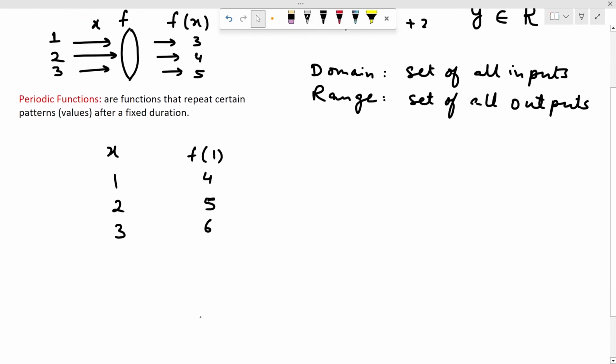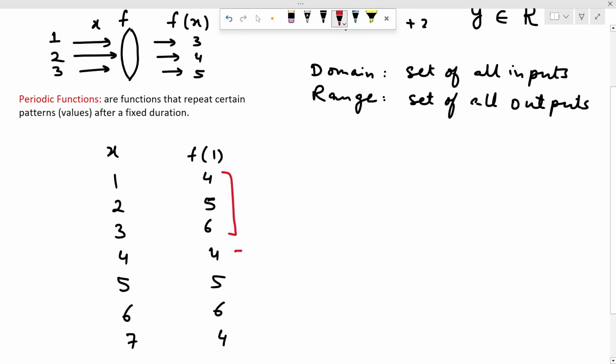However, if I enter 4, the function again gives me 4. If I enter 5, the function gives me 5. If I enter 6, the function gives me 6. If I enter 7, the function now again gives me 4. So there's a pattern which is being repeated here by the function's output.